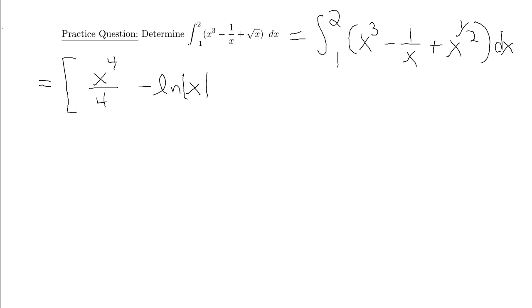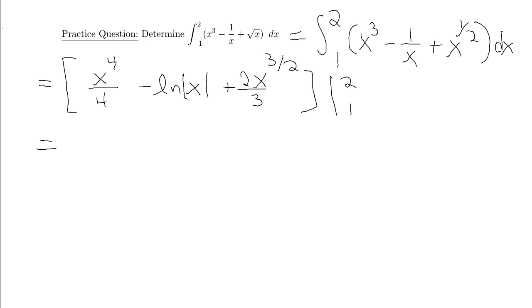And for x to the 1/2, we use the power rule again, which tells us to increase the power by 1. So it's now going to be to the 3/2. And then we want to divide by 3/2, which is the same thing as multiplying by 2/3. Okay, and so that's our antiderivative. We still need to evaluate it between 1 and 2, so we put the line there to acknowledge that.